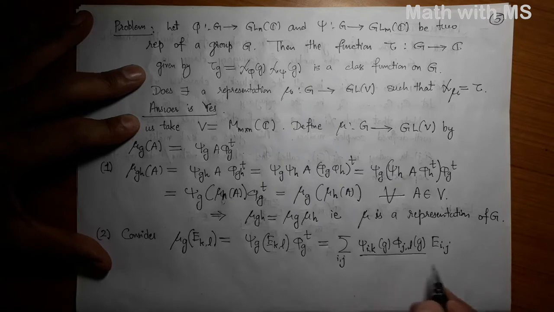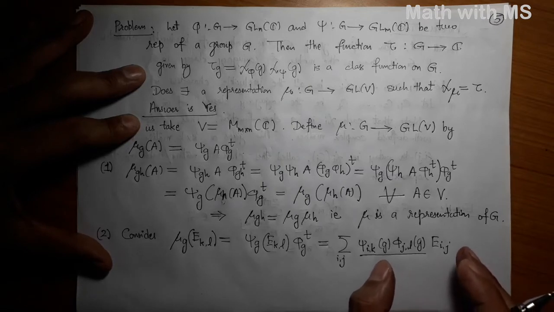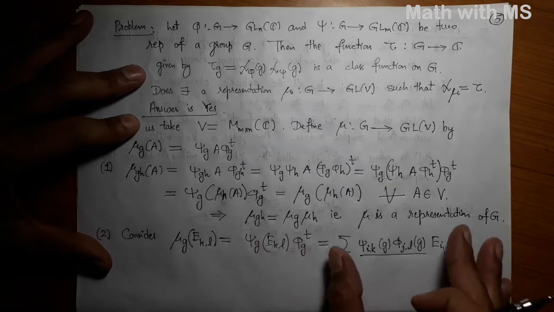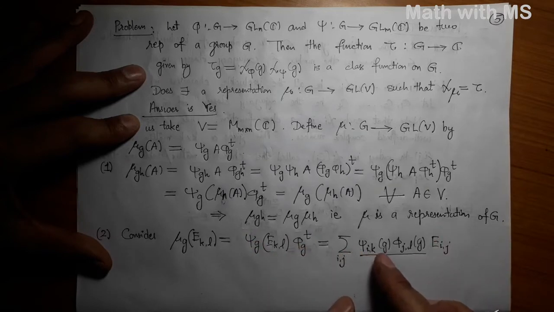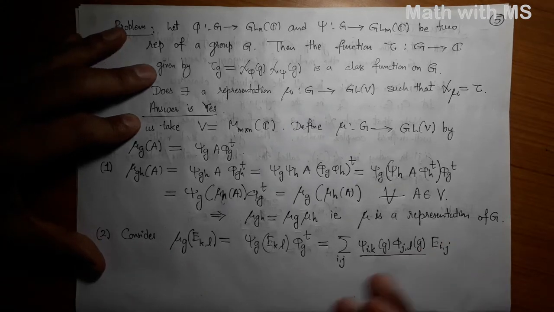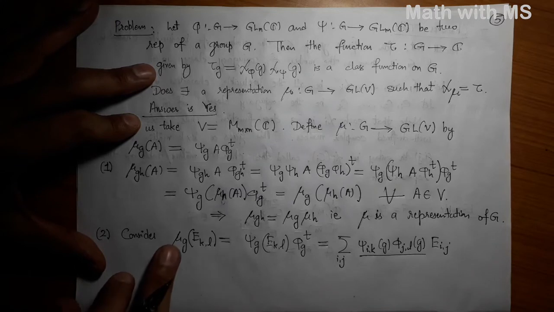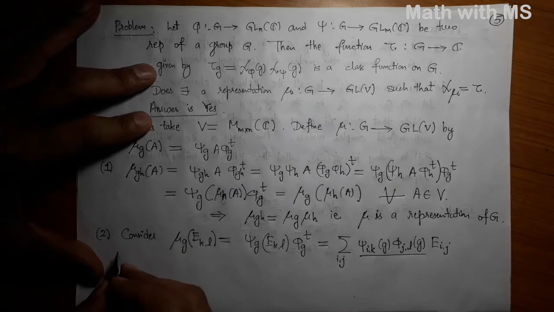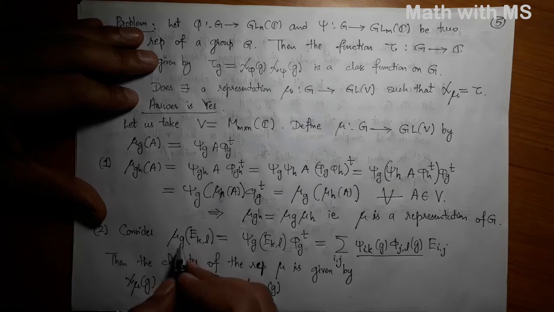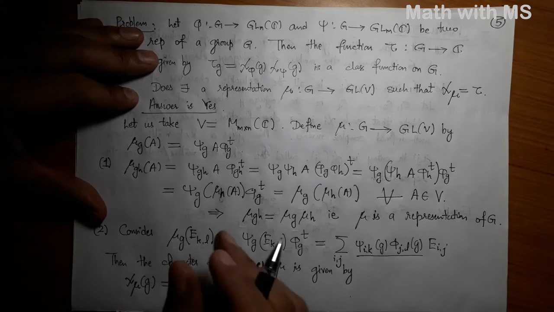Alright, you can actually directly check this by finding the ijth entry of this product, and you can see that the ijth entry of this product is simply psi_ik(G) phi_jl(G). So now once you have this, we can easily find the character of the representation mu. The character of the representation mu is given by chi_mu(g), which is the trace of the operator mu_g. But what is the trace of this operator?